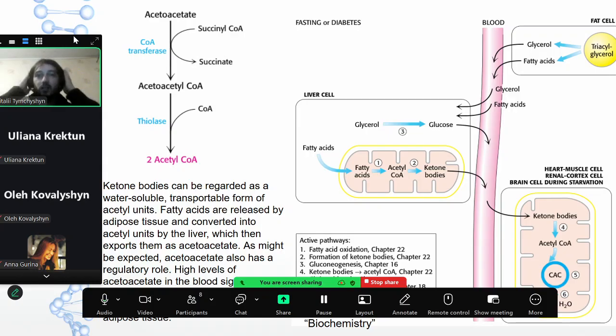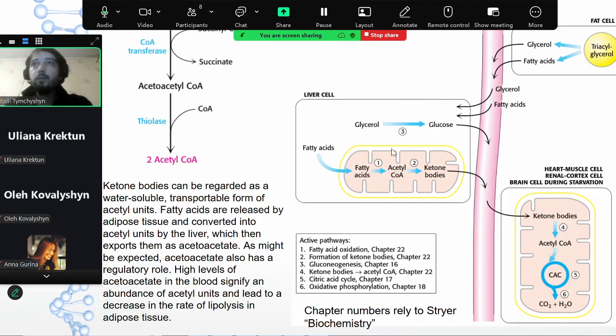So why the smell of acetone? The reason is basically that ketone bodies are generated and they get into the bloodstream. So that's part of some sort of metabolic process.